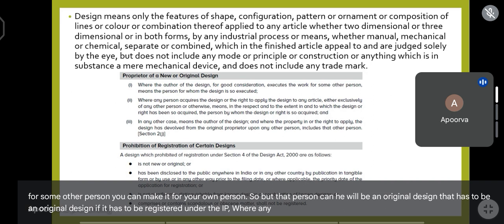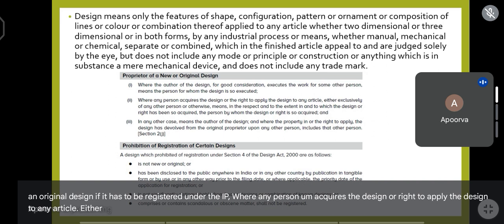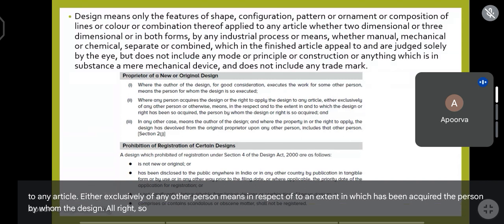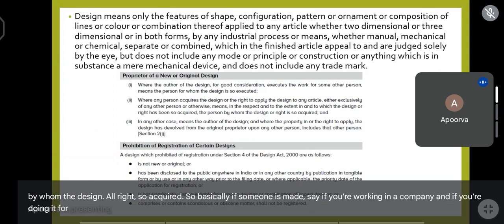Where any person acquires the design or right to apply the design to any article, either exclusively of any other person, in respect of the extent to which it has been acquired, that is the person by whom the design or right is so acquired. So basically, if you're working in a company and doing it for your factory, the company can on your behalf apply for the design.